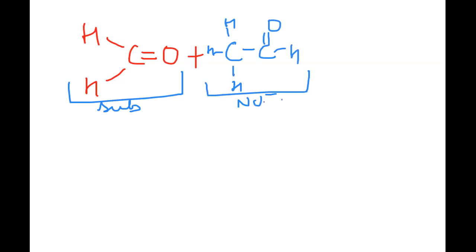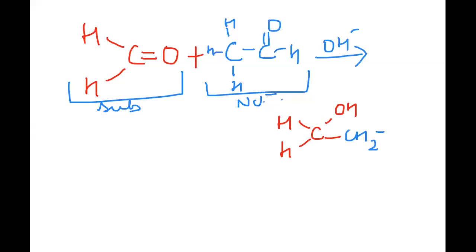You can see in this case also that if you look at the product that will be obtained, obviously in the alkaline medium, the product obtained is going to be H, all right, then this is going to be the OH that will be attached, and here it is going to be the CH2, all right, C double bond O and an H. So in this case, you see always the hydroxy group is at the beta position.